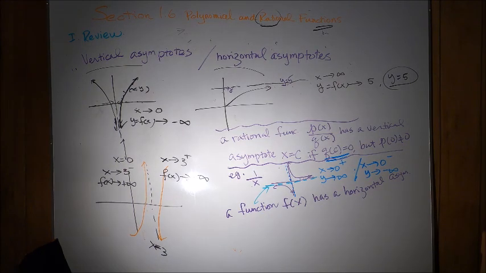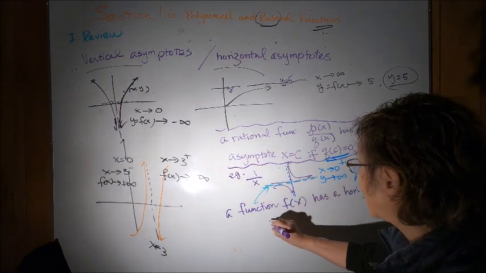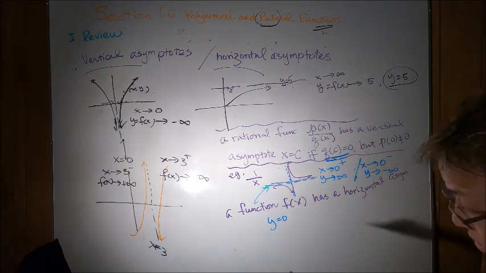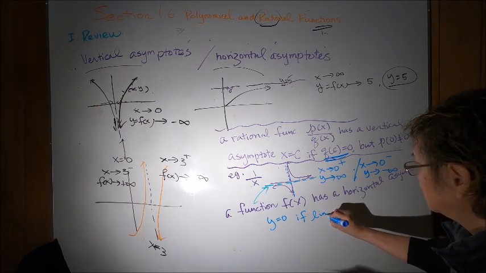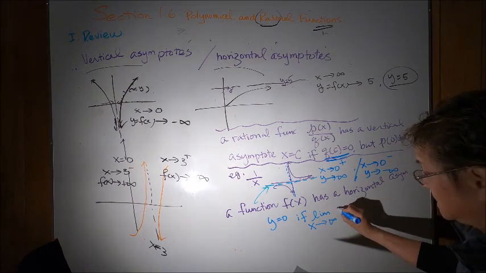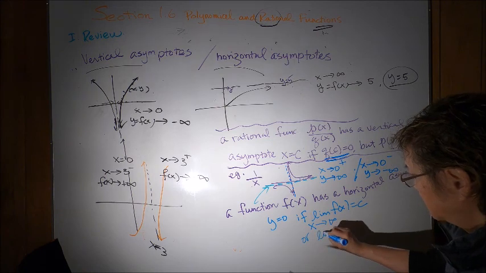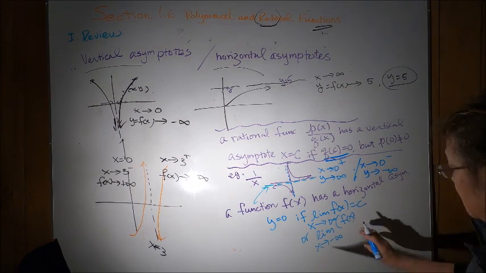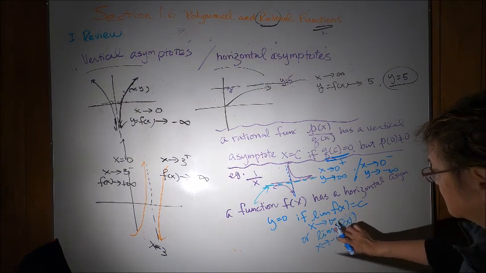The horizontal asymptote is y equals 0. If you are going to learn this symbol, limit as x goes to infinity, or limit as x goes to negative infinity, this is mainly a calculus symbol, but we don't emphasize it in this class, okay?